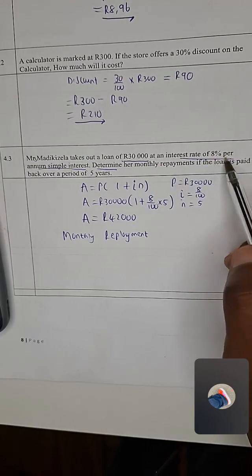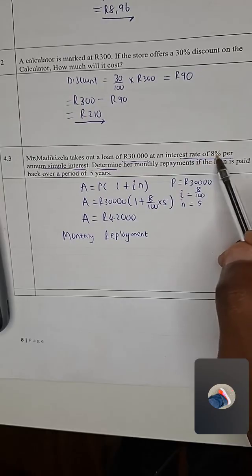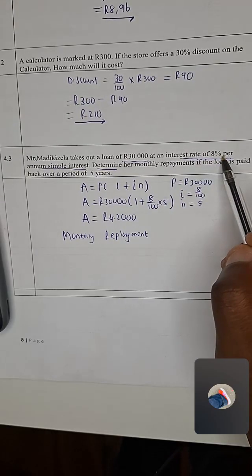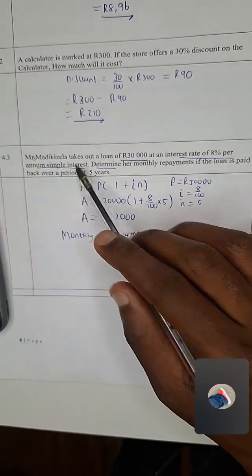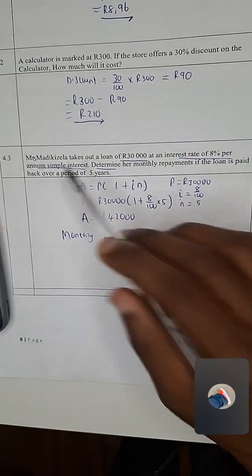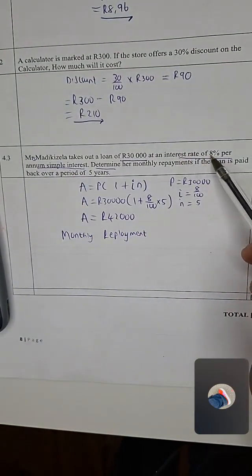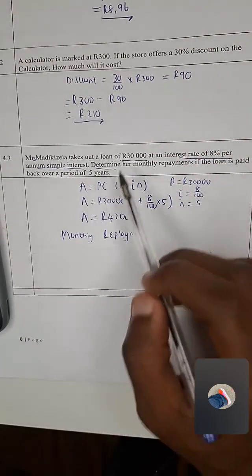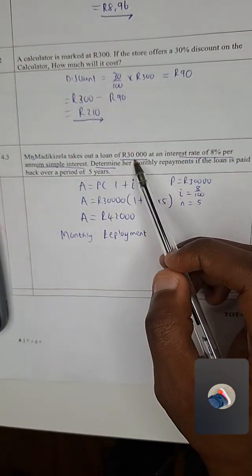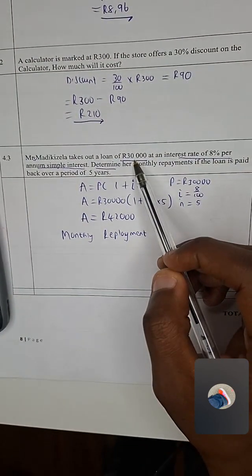The interest rate is 8%, so every year, because this is simple interest per annum, there's this 8% that is being charged, which you are going to eventually have to pay back on top of the amount that you took out as a loan. Are you with me? Yes.